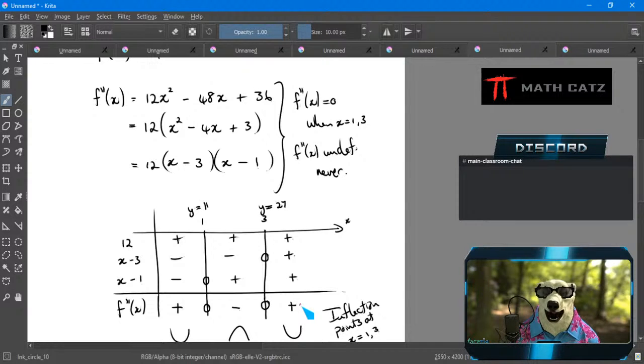Now, I challenge you, if you have nothing else to do, can you come up with a polynomial function where I get points out of the check? They're points, they're defined, they're y values, yet the bend doesn't change, and they're not technically inflection points.